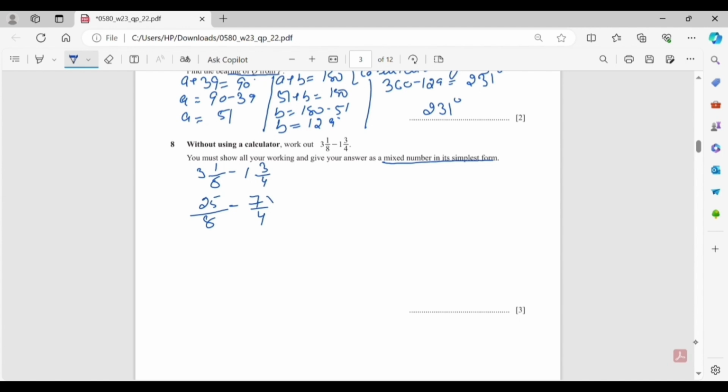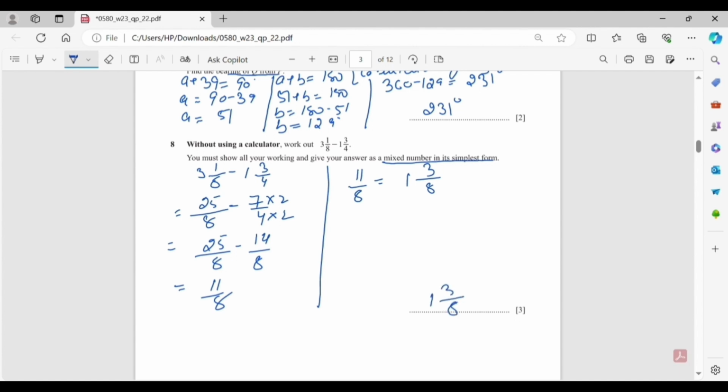Now multiply this by 2. So this will be equal to 25 by 8 minus 14 by 8. So this will be equal to 11 by 8. Now 11 by 8 will be equal to 1 3 by 8. So this will be our answer, 1 3 by 8.